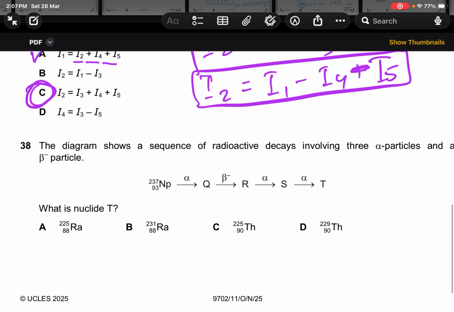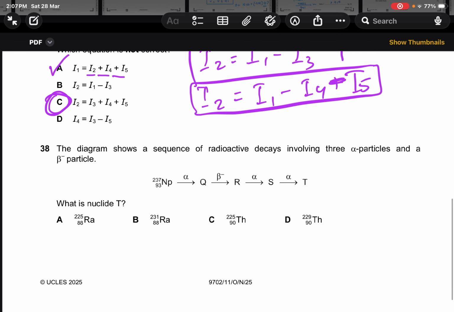Okay. The diagram shows a sequence of radioactive decays involving 3 alpha particles and a beta particle. What is nuclide T? Okay. No worries.